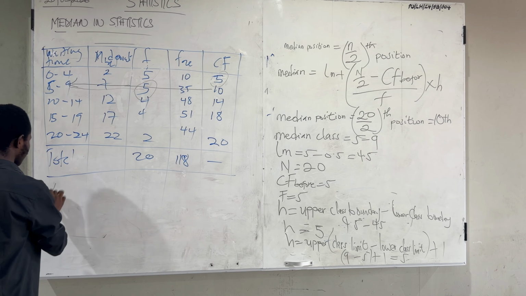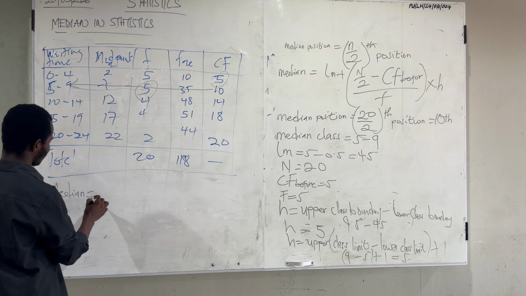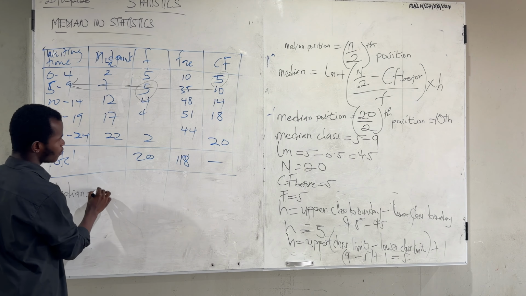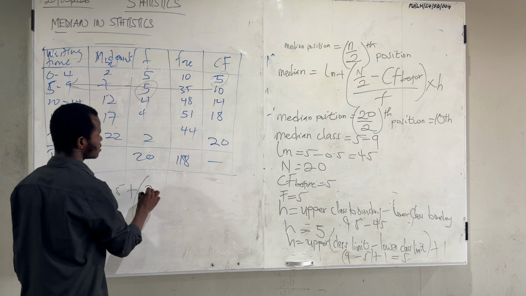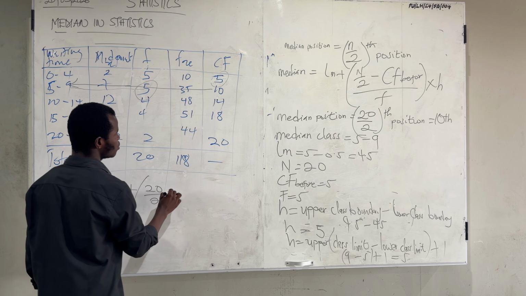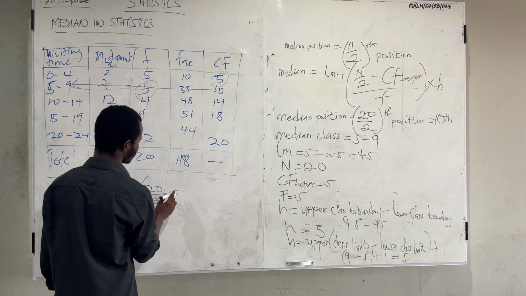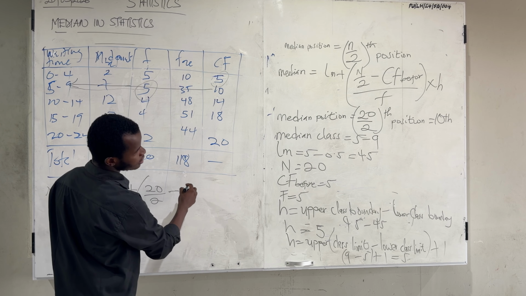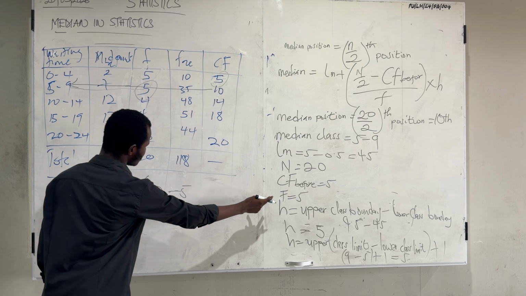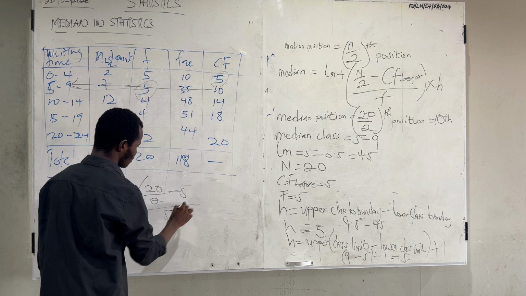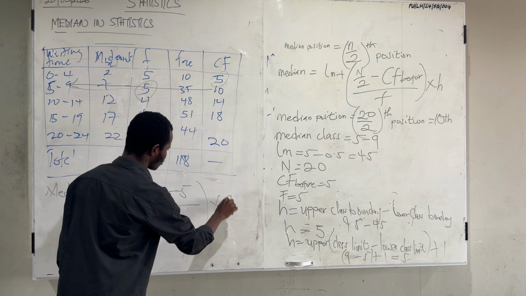So our median will be, what's LM? 4.5. Our N is 20 over 2 minus the CF before, which is 5, all divided by the frequency of the median class, which is 5, multiplying our H. Our H is also 5.